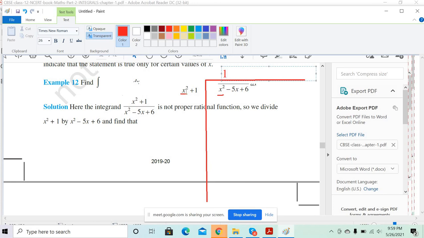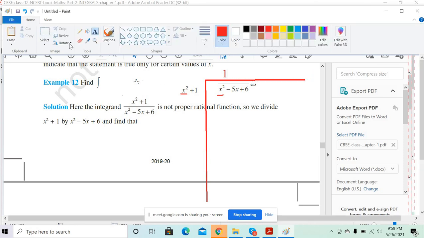So multiply 1 with x square plus 1, the entire thing is nothing but x square plus 1 only, isn't it? So this x square plus 1, I'll put it down here, correct? Now we'll subtract it, isn't it?